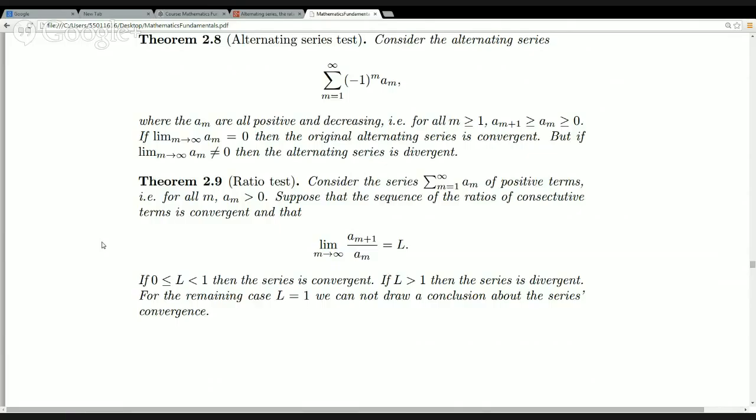Well, this is a divergent sequence, isn't it? Just the limit of m as m goes to infinity. So that's a divergent sequence. So in the language of the statement of the theorem, we don't have a limit L which is strictly less than 1.